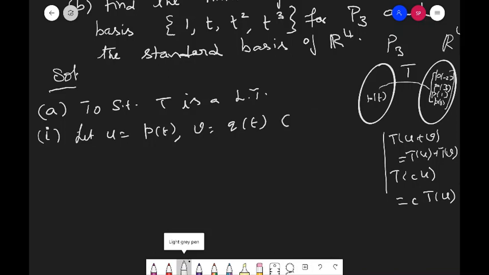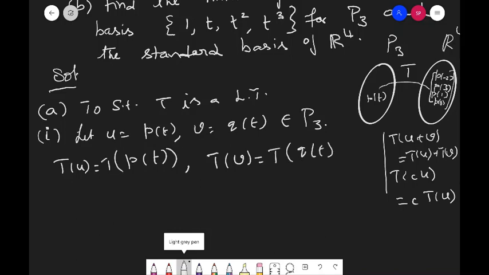Then what is T of u? That is T of P of t, whose definition is given. Then T of v is T of Q of t.